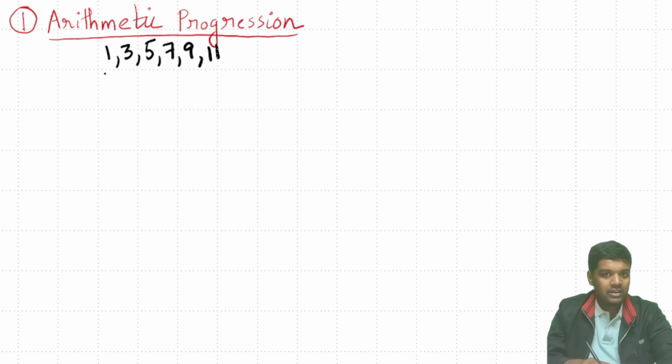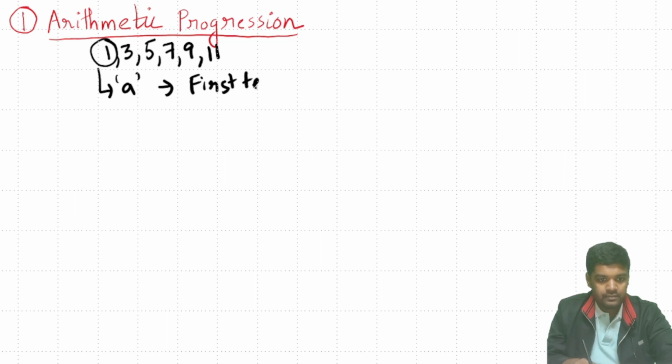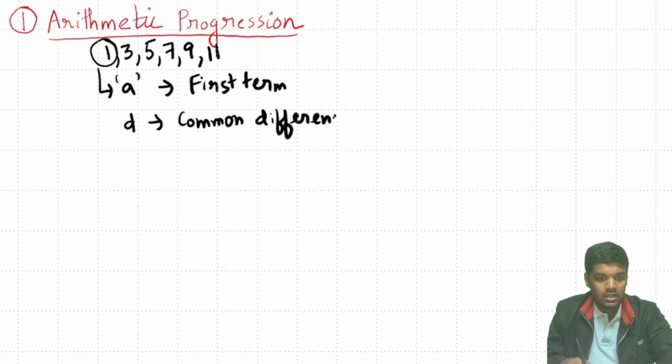So let's see one by one what are the terms which we'll be using in arithmetic progression. The first term, which is 1, we denote as A. A is called the first term. Now the common difference, which is 2 in this case, is denoted by D. There is one more term L, which is said to be the last term of a series.